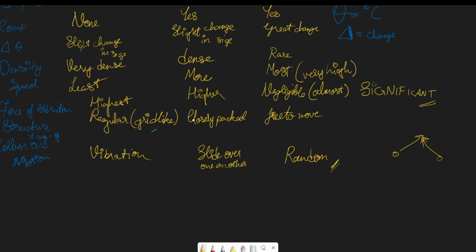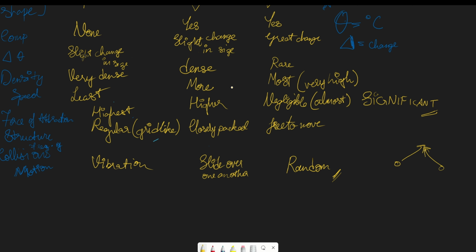So that's why the speed in liquids is not that high. In gases, there's a lot of space so they can move around. And then when they collide, it causes random motion. However, collisions in gases are the least often relatively. In liquids, they are the most often.